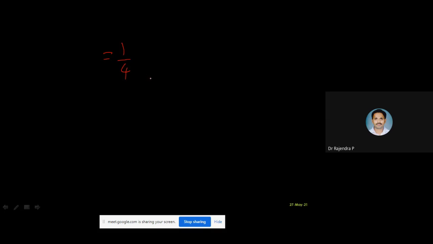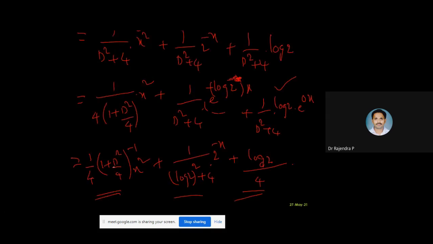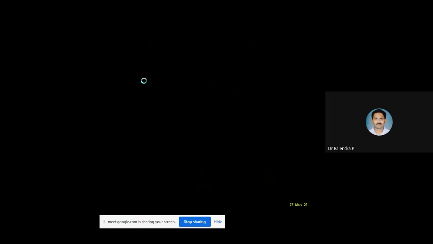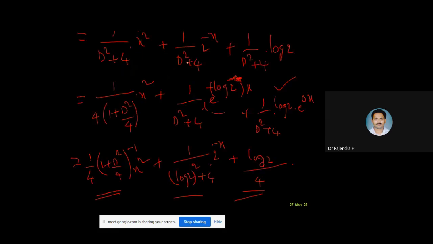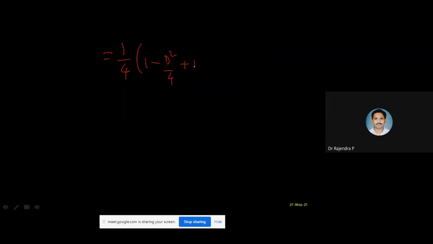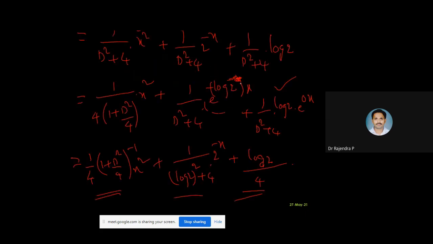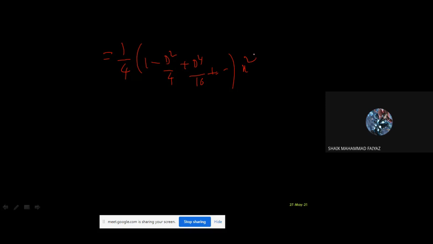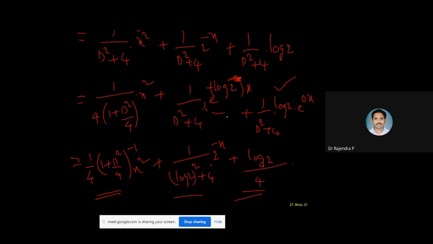1 by 4. So we are taking 1 plus minus is there. So I have to take 1 minus d. Here d value is d square by 4 plus. Do we need all this higher order? We don't need, right? No, sir. Anyway, other two terms are this and this.